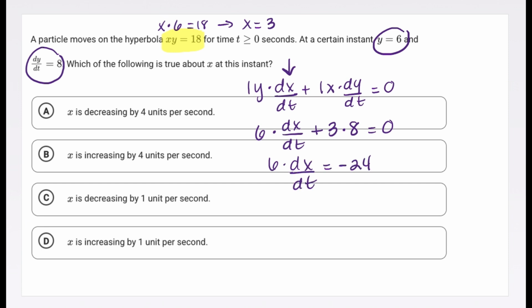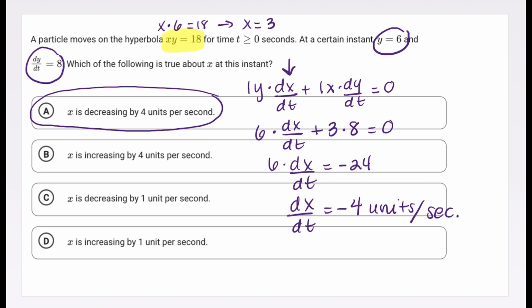So I'm going to move that over. So dx over dt is going to be negative 4. And for this one, time is in seconds, so that will be units per second. So it's going to be decreasing by 4 units per second because it's negative 4 units per second. So that will be this answer right here.